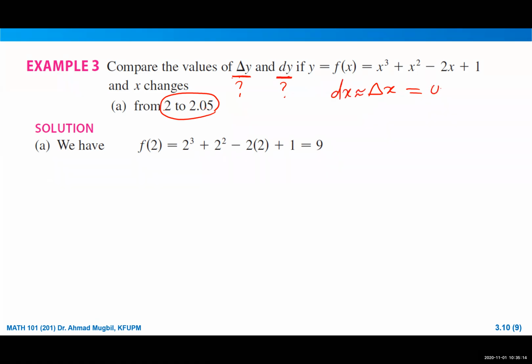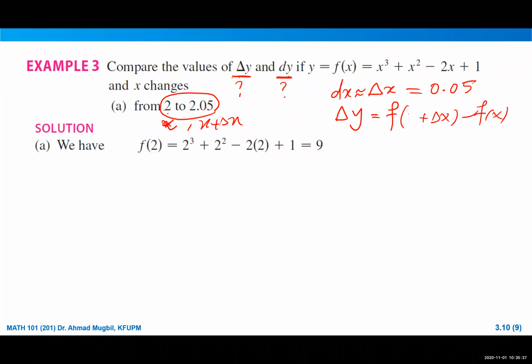So it is 0.05. Now delta y will be f of what? So this is a, and this is x, and this is x plus delta x. So here it is f of x plus delta x minus f of x. In our case, x is 2 and delta x is 0.05.